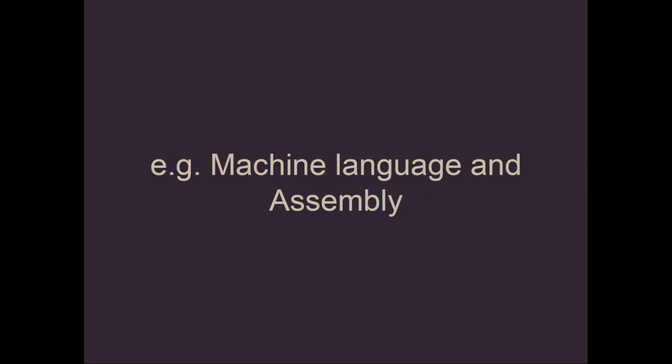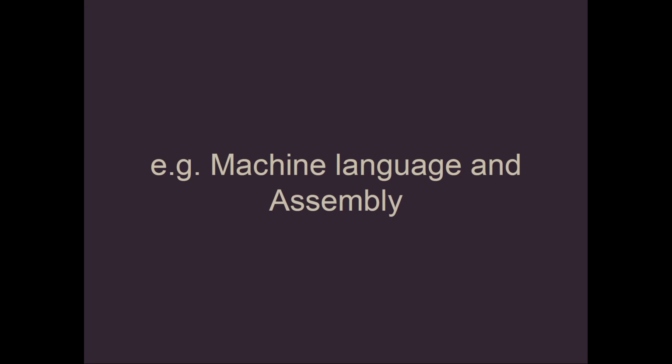Examples are machine language and assembly. This is one of the reasons why many malware are popularly written in assembly, because of the ease, or the power, of accessing memory.